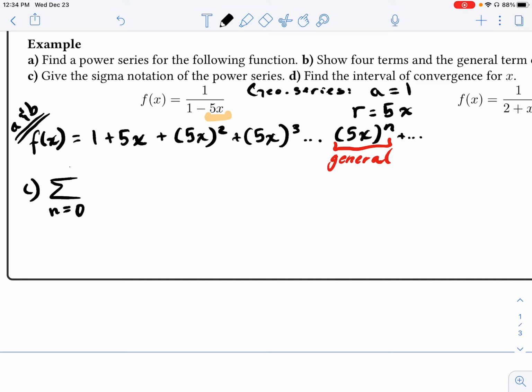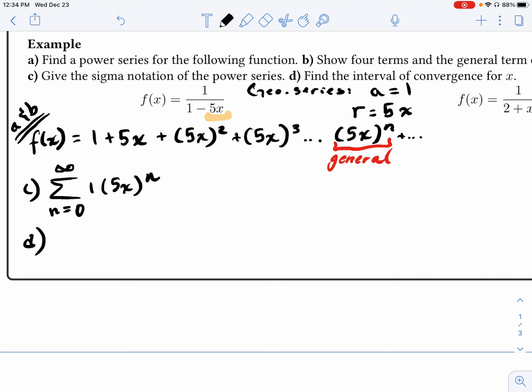Doesn't matter too much to me as long as it still works with the series. But I'm going to just start with 0 since our first term was 1 here. So this is our a times our common ratio, which is 5x raised to the n power.